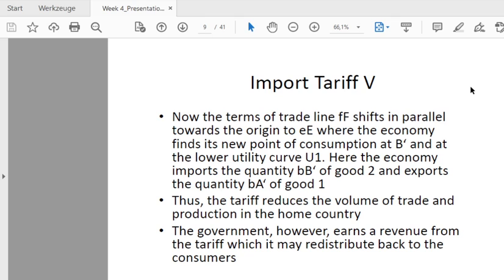Here the economy imports the quantity BB apostrophe of good 2 and exports the quantity BA apostrophe of good 1. Thus, the tariff reduces the volume of trade and production in the whole country. The government, however, earns a revenue from the tariff which it may redistribute back to consumers.